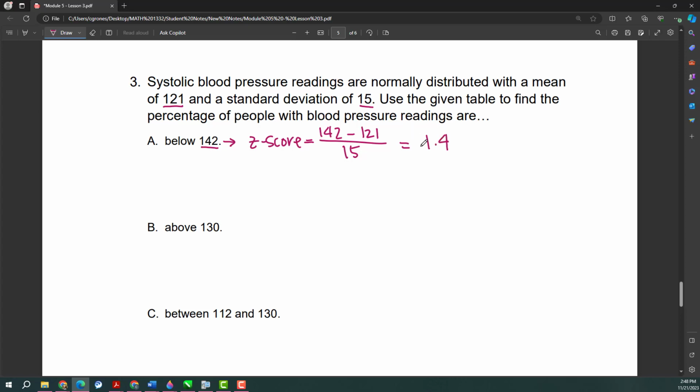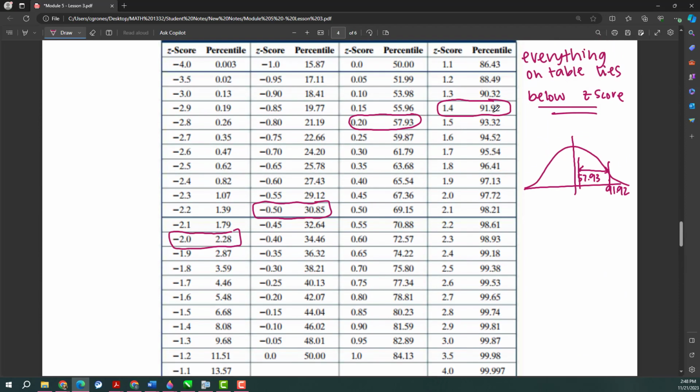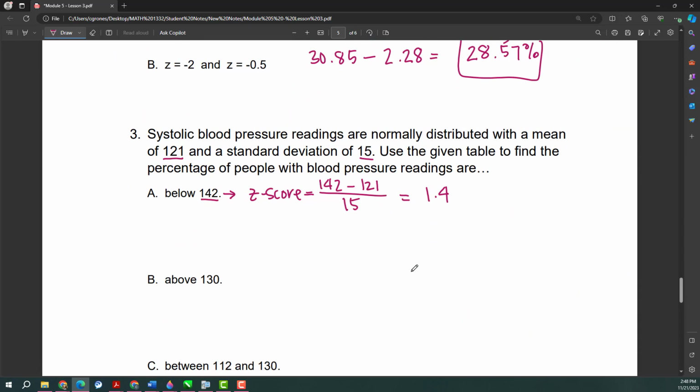We now need to go to our table and find positive 1.4, and that is 91.92%. And remember, this is below. So below equals 91.92%.